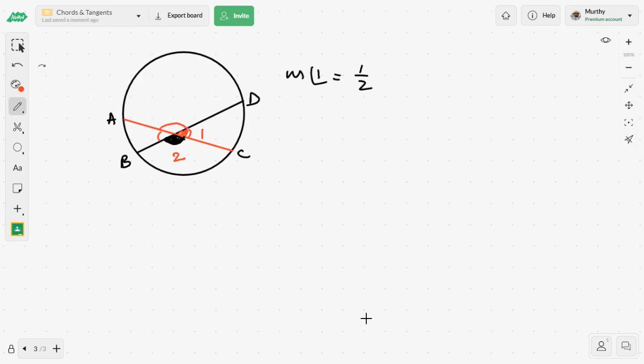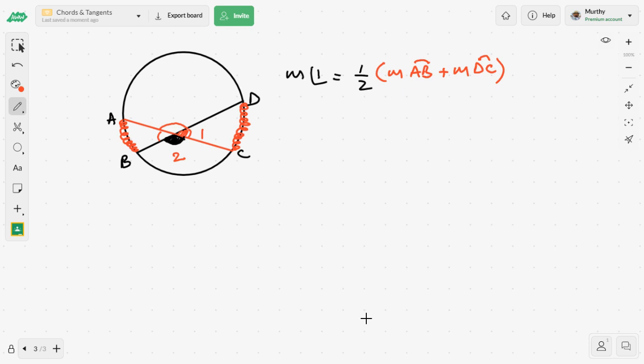Measure of angle 1 equals DC and AB values are added. Measure of arc AB and measure of arc DC are added and half of them are taken.